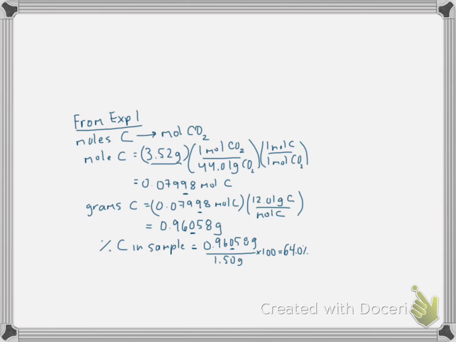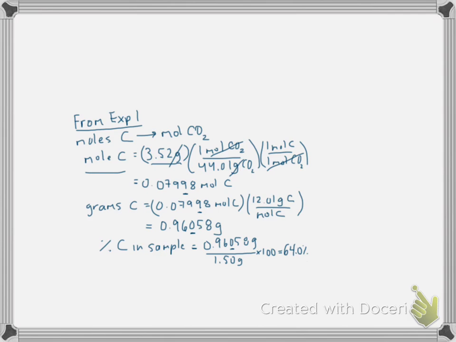That times the inverse of molar mass of CO2, 1 mole CO2 per 44.01 grams of CO2, gives us moles of CO2, and there's a 1-to-1 relationship between the amount of carbon in the original sample and the moles of CO2 produced. Keeping track of units, grams cancel, moles of CO2 cancel, leaving us with moles of carbon.